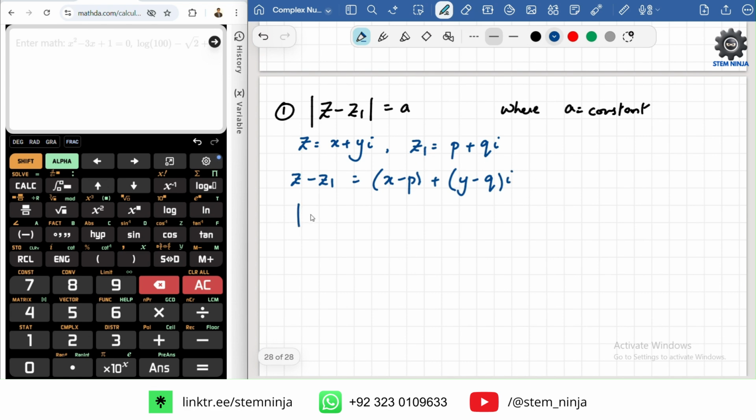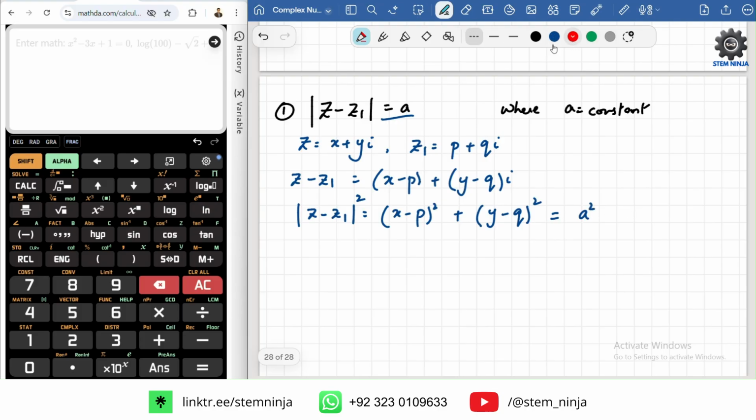So the modulus of a complex number, remember, how do we do that? If we do the mod squared, it is the square of the real part plus the square of the imaginary part. And since this is equal to some constant a, this is equal to a squared.